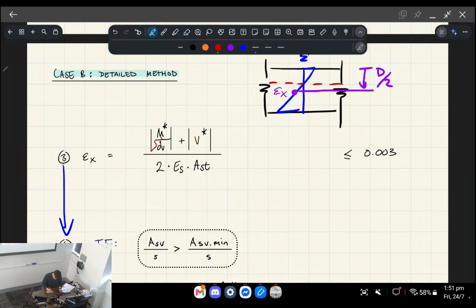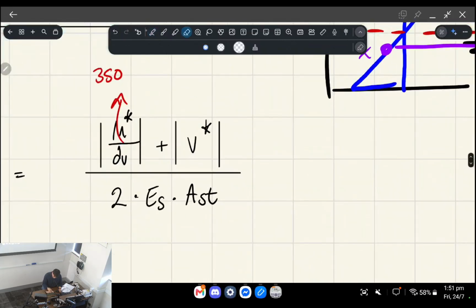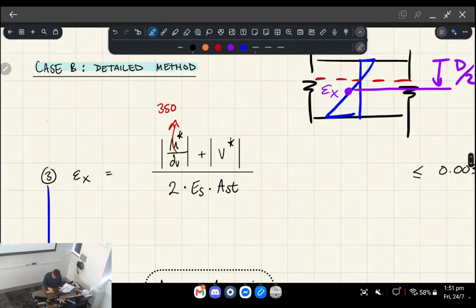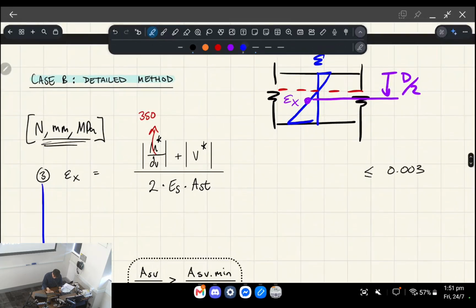We can plug them in. M star was given to us in the question. It was 350 kilonewton meters, except we're not allowed to use kilonewton meters in this expression because we might get the wrong answer. For this particular expression, keep everything in newtons, millimeters, and MPa.